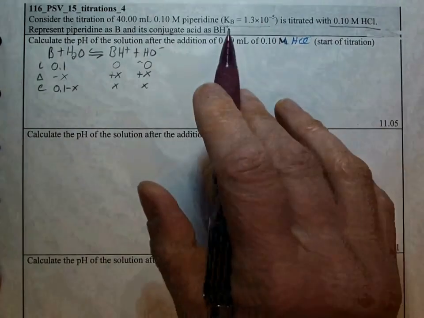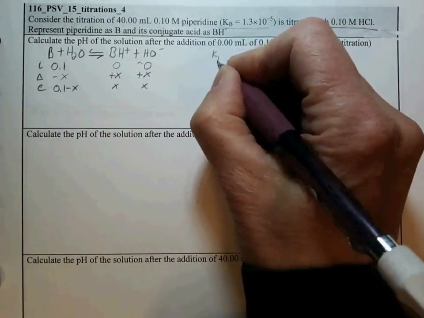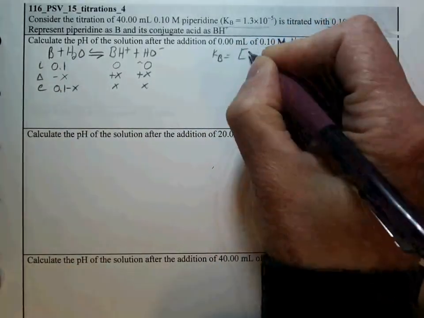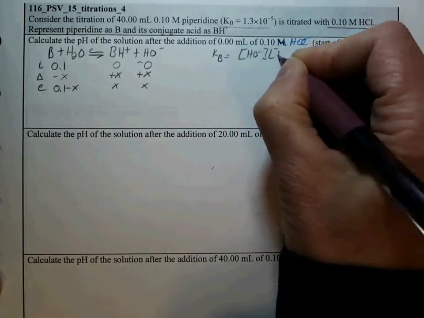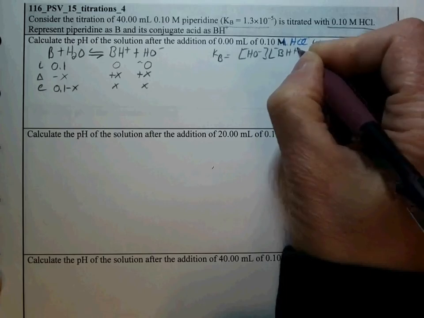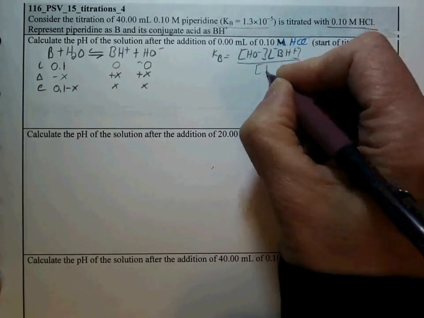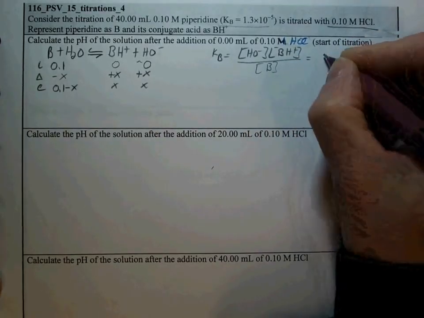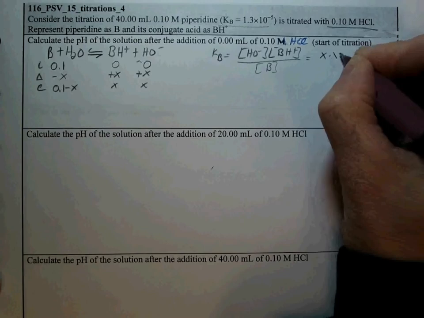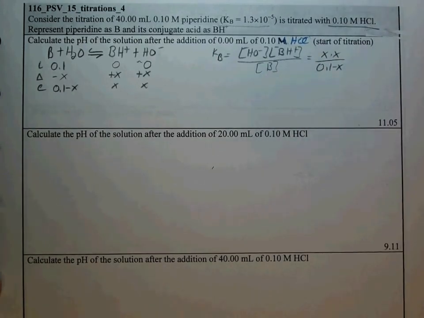And our equilibrium expression would be Kb is going to be equal to hydroxide ion concentration times that of our conjugate acid, divided by the equilibrium concentration of our base. So we substitute in our quantities from the ICE table, and this is what we get.